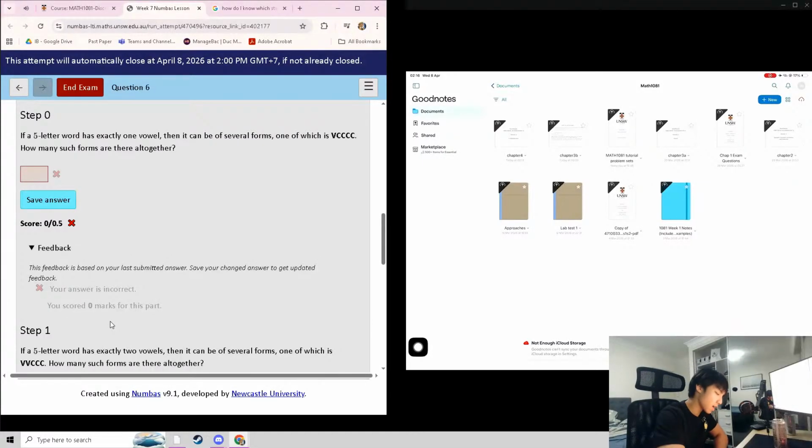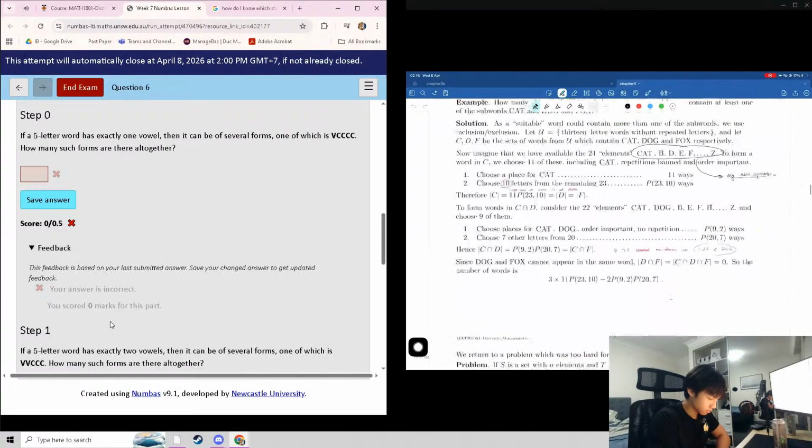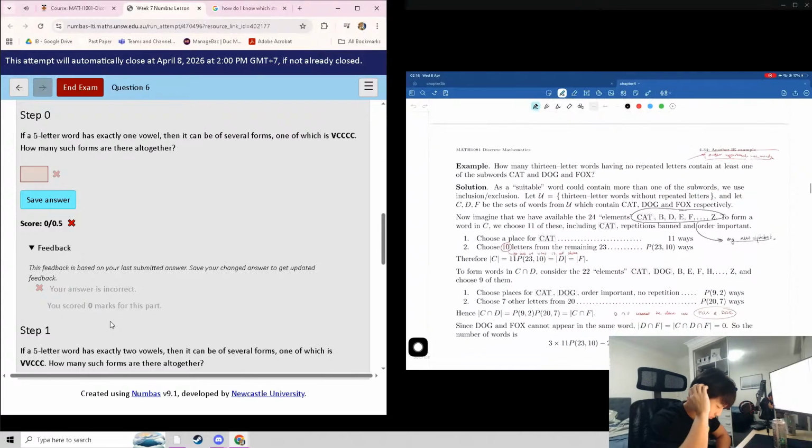They're moving so fast. What does a P and R look like? N over n minus r factorial.